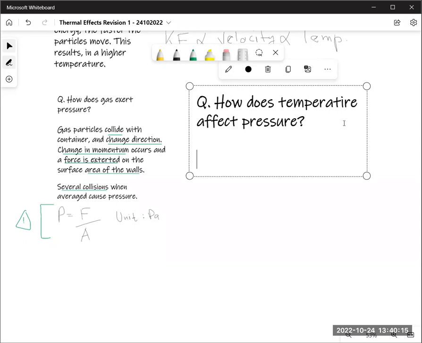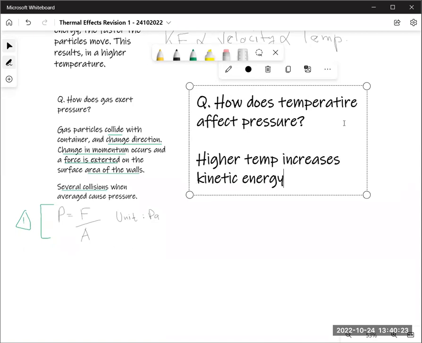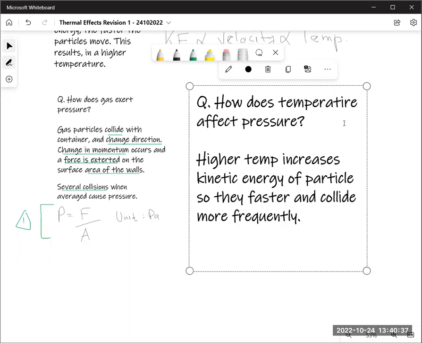Well, what we realize is higher temperature increases kinetic energy of particles, so they move faster and collide more frequently. This causes an increase in pressure.